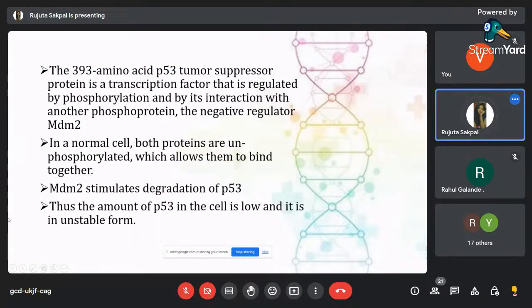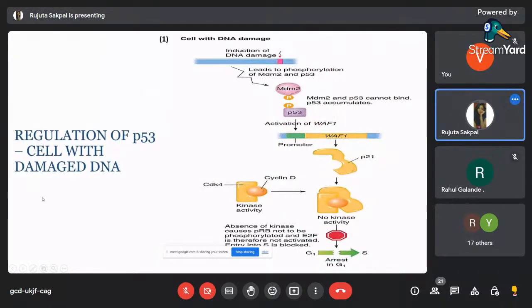Then let's move to the second regulation, P53 in a cell with damaged DNA. In a cell with damaged DNA, P53 can be induced and activated by various external stresses such as oxidative stress, DNA damage, and telomere damage.